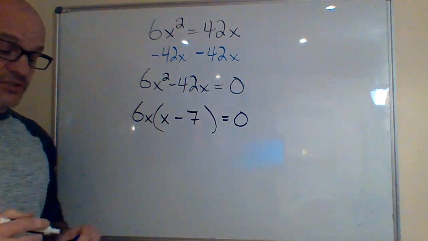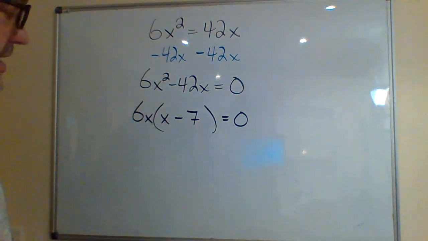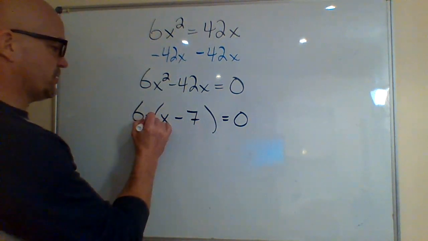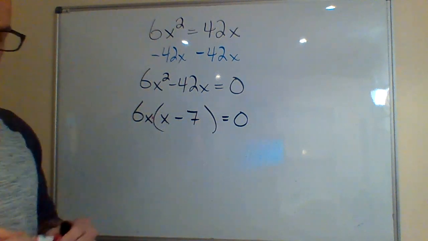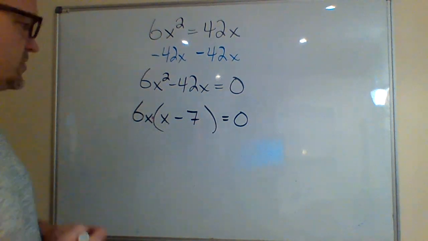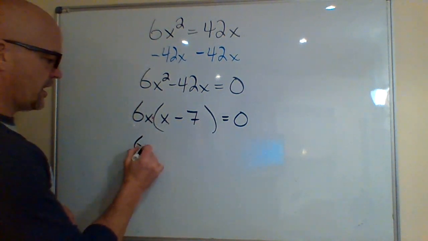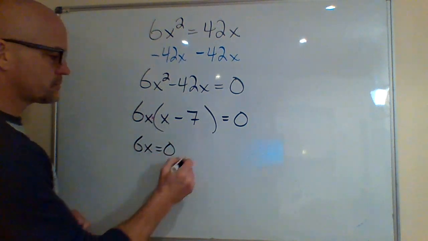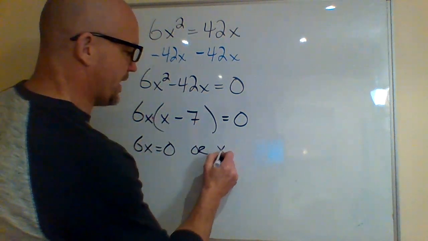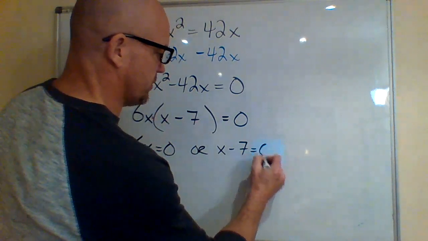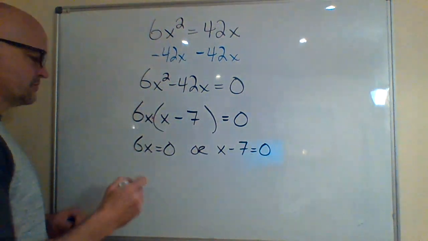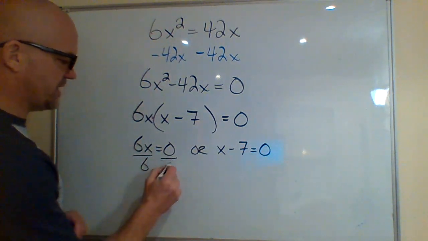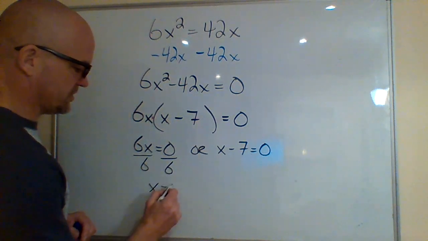So now that I have my two things being multiplied together and equaling 0, I can apply my zero product property. So once again, either 6x equals 0 or x minus 7 equals 0. So on this one, real simple, divide both sides by 6, x equals 0.